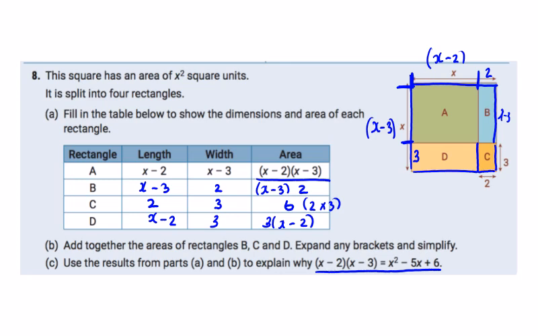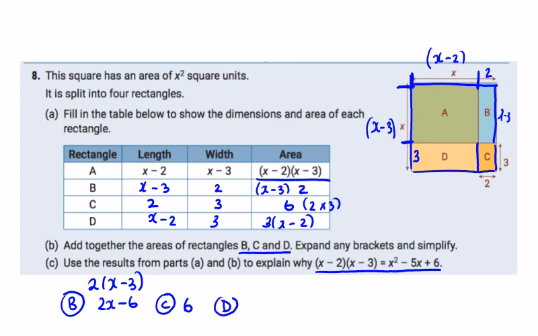So if we add all the rectangles together, add together the areas of B, C, and D. Okay, so we have 2 by x minus 3, 2x minus 6 is B. C is 6.